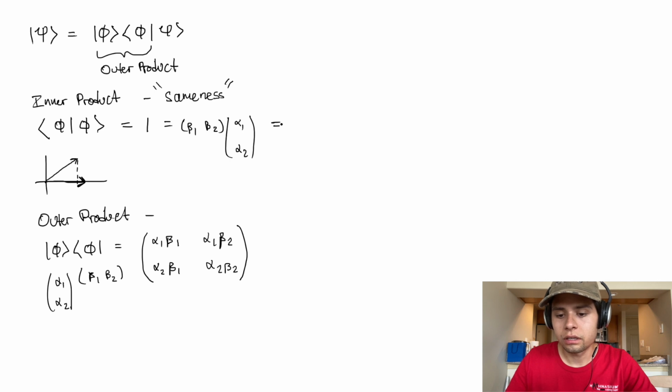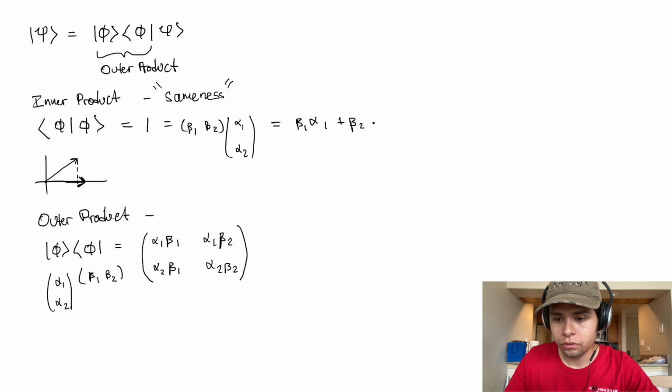Okay, so that's going to be beta 1 alpha 1 plus beta 2 alpha 2. So we're multiplying this by this and this by this.